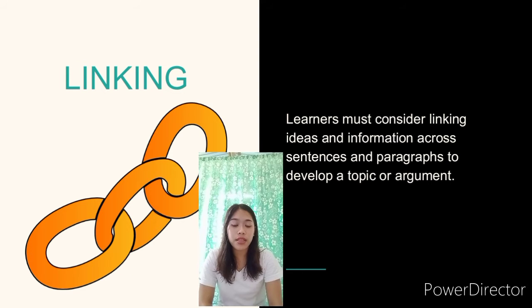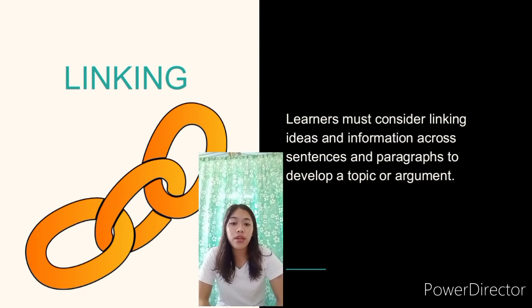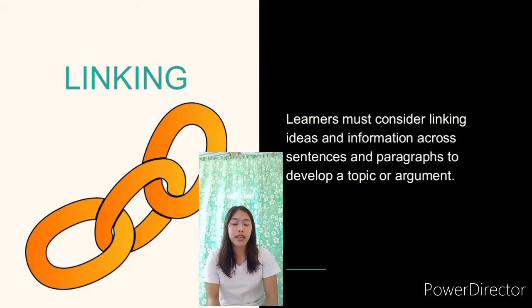These linking words help to increase cohesion in your writing by connecting ideas. So it adds clarity to your writing so you can exactly say what you want to say. Some linking words include besides, because, moreover, indeed, and many more.